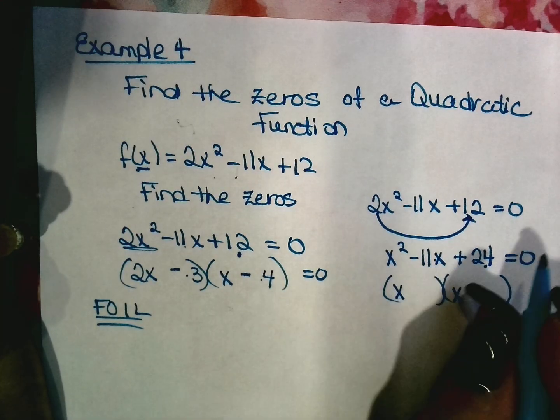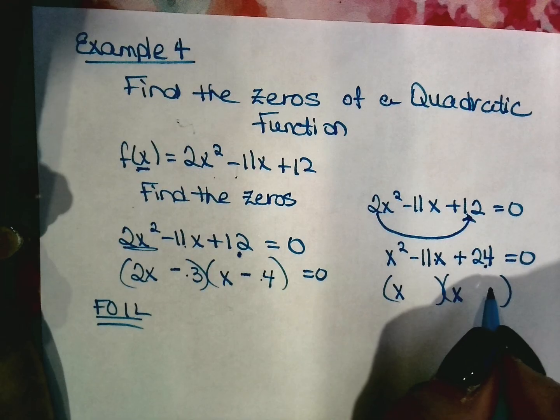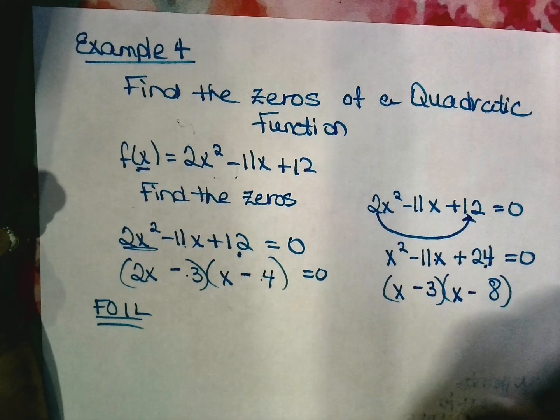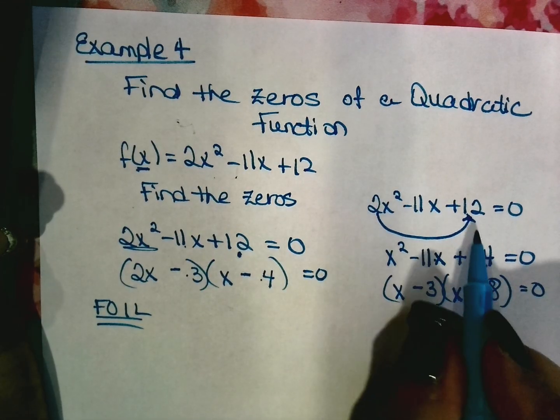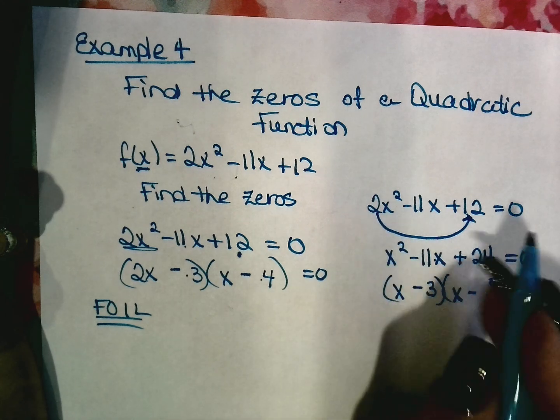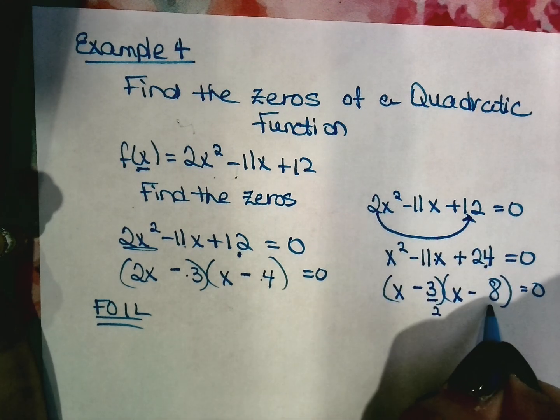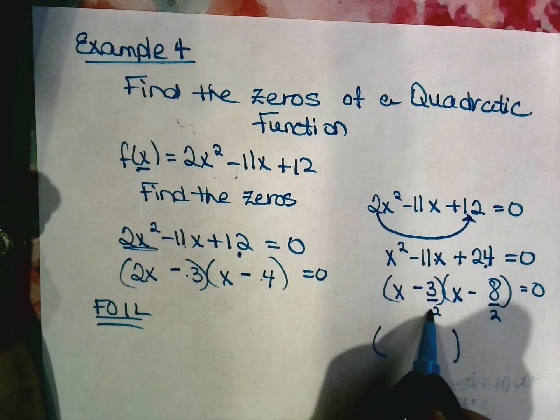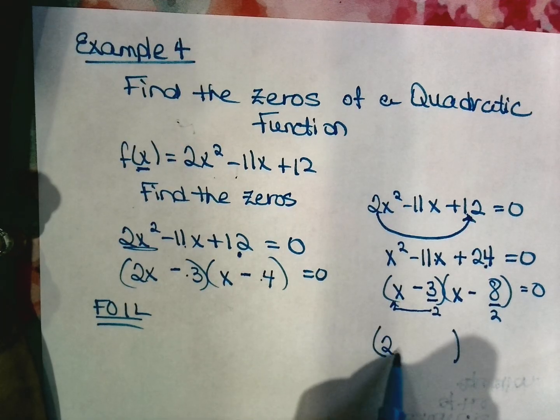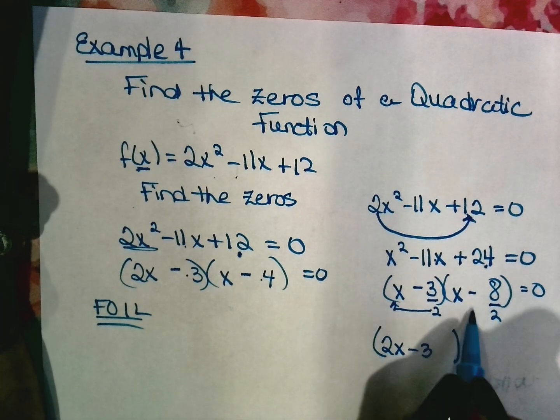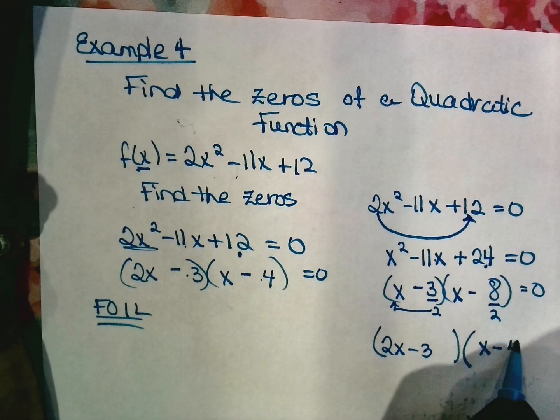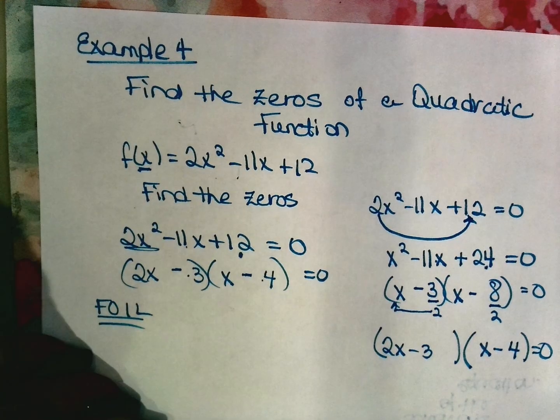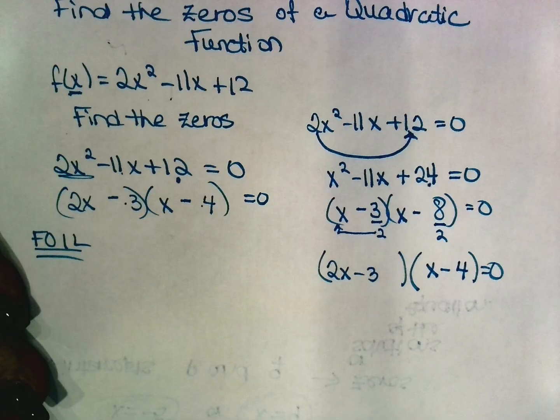Factors of 24 that give us 11 are going to be 8 and 3, and these are both negative. But just like we multiplied by 2, now we have to divide each of these by 2. Make sure they're in lowest terms, 3 over 2, and then you swing the 2 back to the front. So this becomes 2x minus 3, and this is 8 divided by 2, which is 4. So either way, you're going to get the same answer, and the choice is obviously yours, whichever way you prefer.